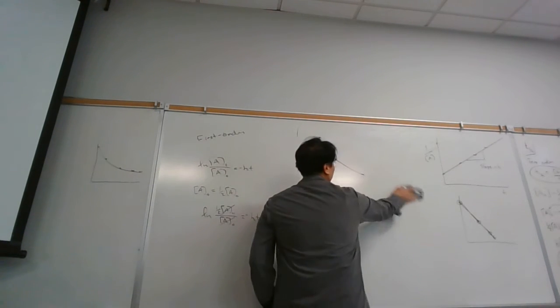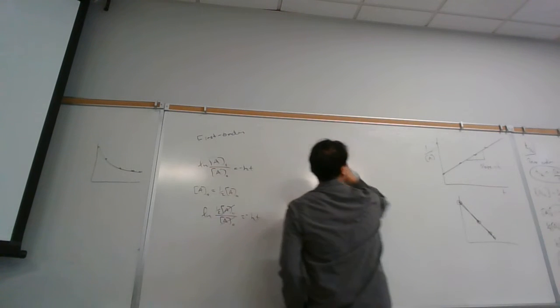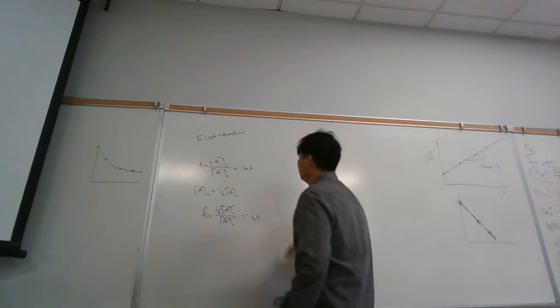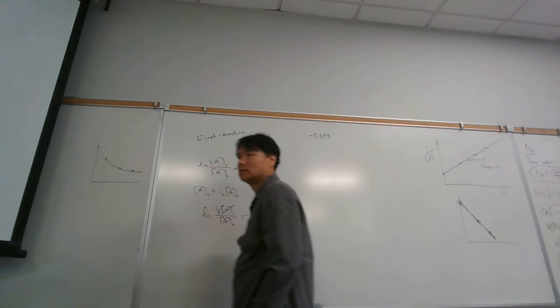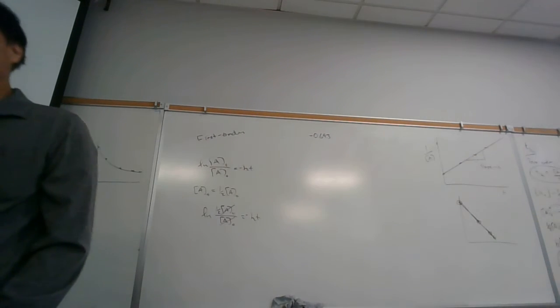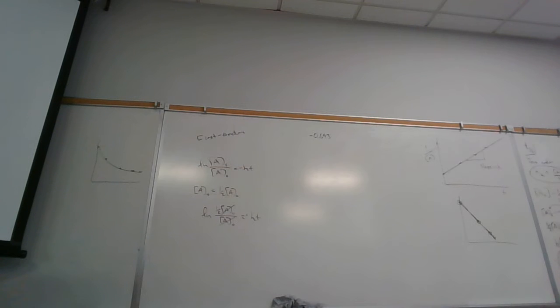The natural log of 1/2 is a number that some people memorize. You know what it is? 0.693. But you can punch it in your calculator. You could get it to more sig figs than that.